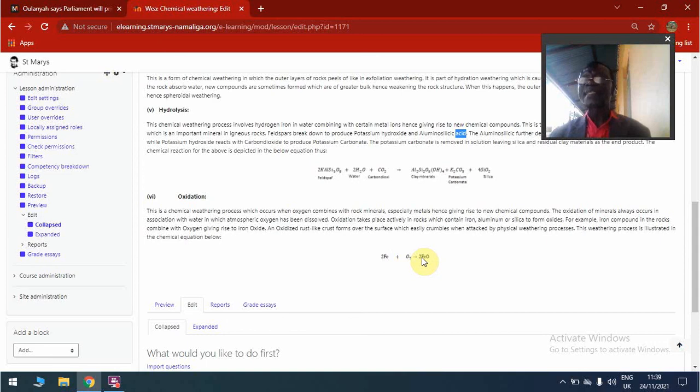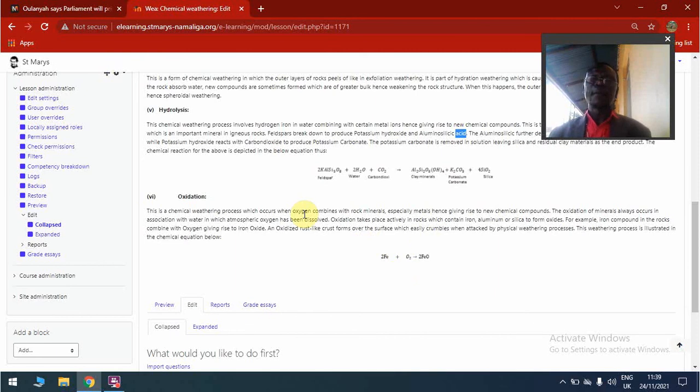And these oxides are the weaker form of the rocks, which can easily cause the rock to be crumbled by other forms of physical weathering processes, for example, by hitting the rock with a hammer, by blasting the rock with explosives, and so many others.